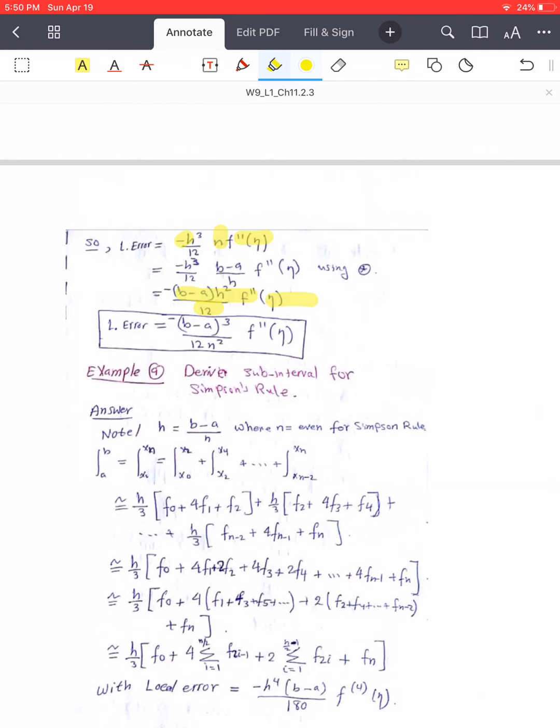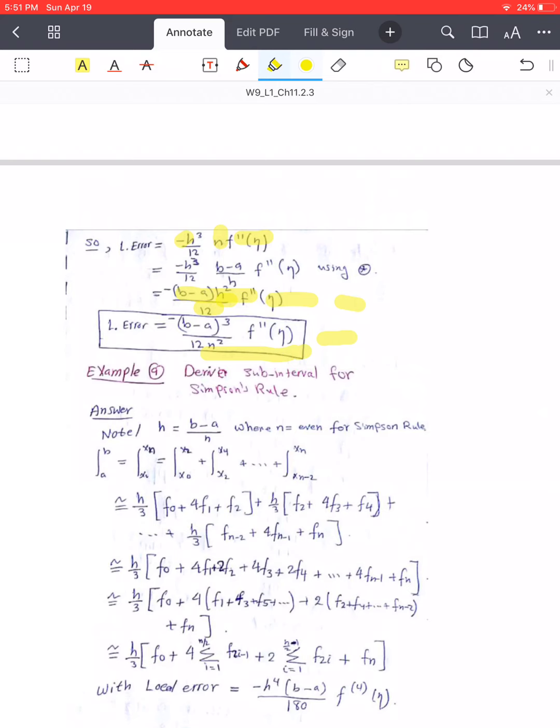Or use only n, which means replace h by b minus a divided by n, and you get this. This is the same as the previous one. So now we know it depends on the value of n. Clearly when n is large, which means the number of subintervals is big, this becomes smaller, which means we reduce the error. Or when h is small, it is the same thing.